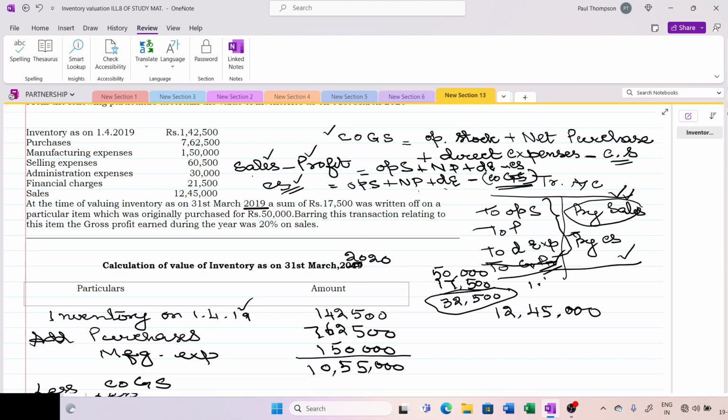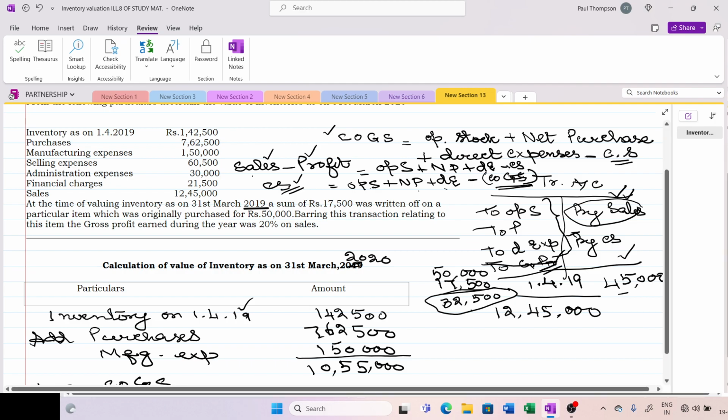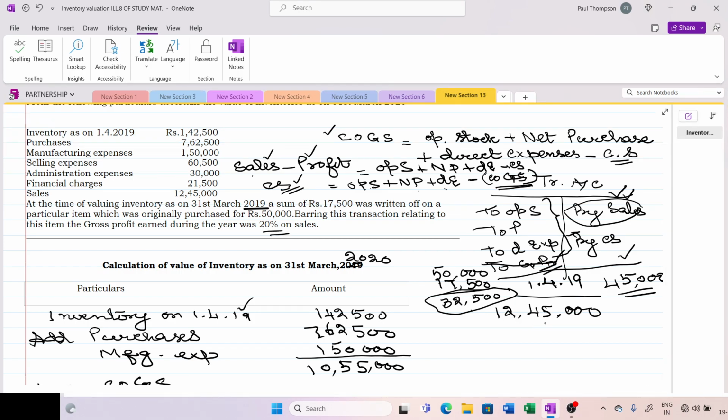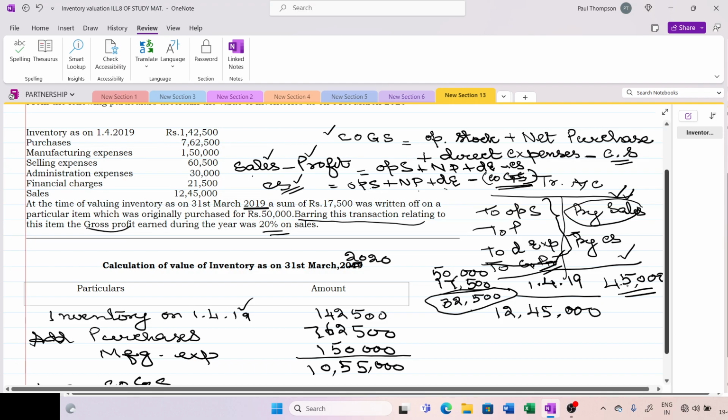On 1/4/19, this particular item was costing 32,500 and this was sold for 45,000. So it is a separate sale because we are not going to get the gross profit of 20% on all sales. So they are saying that barring this transaction, other items we got the gross profit of 20%. So on this item we did not get 20%.